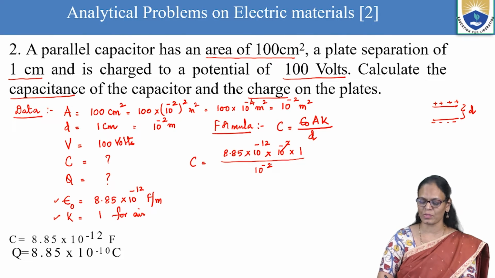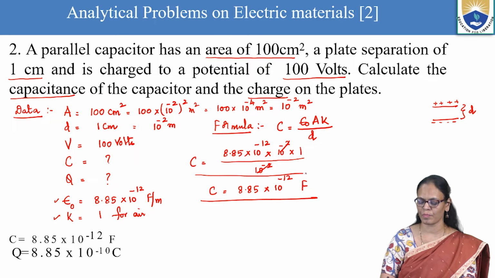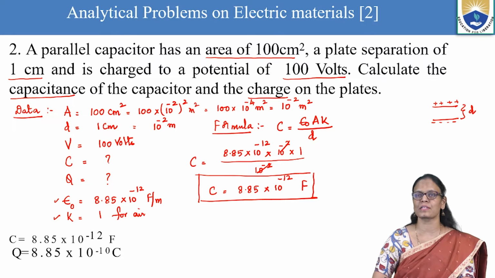So 10 power minus 2 and 10 power minus 2 get cancelled. So the capacitance here is 8.85 into 10 power minus 12 farads. So this is the first quantity we had to find. So the capacitance is 8.85 into 10 power minus 12 farad.